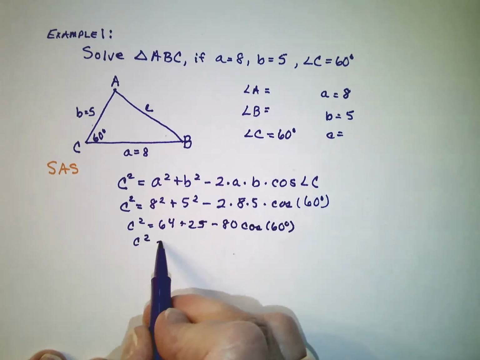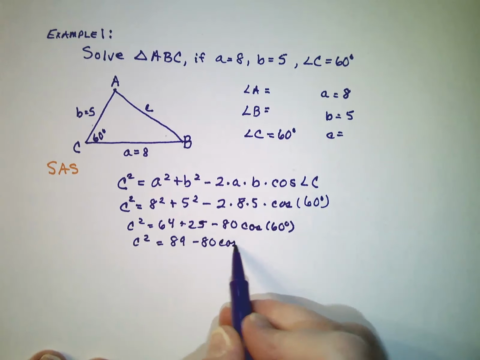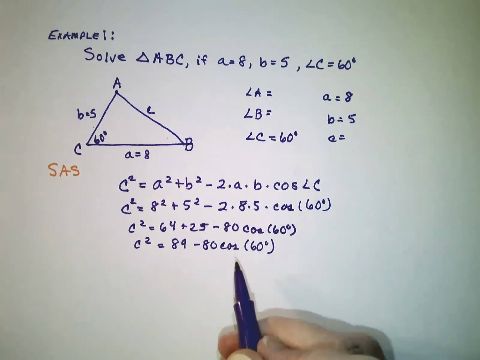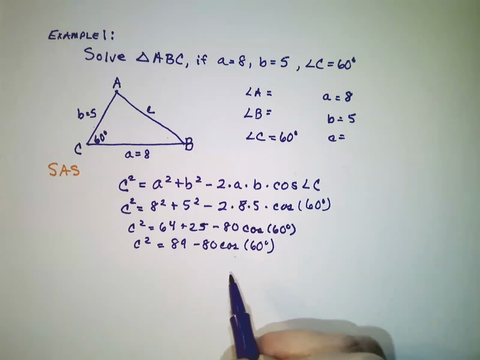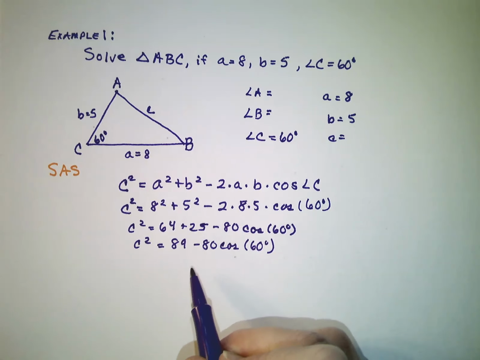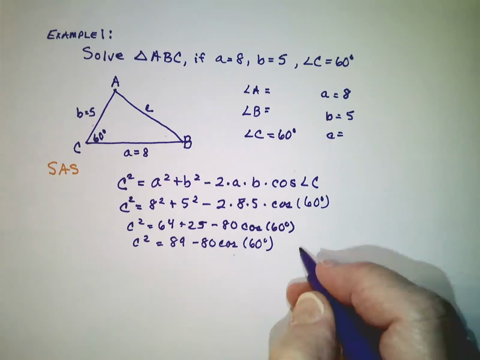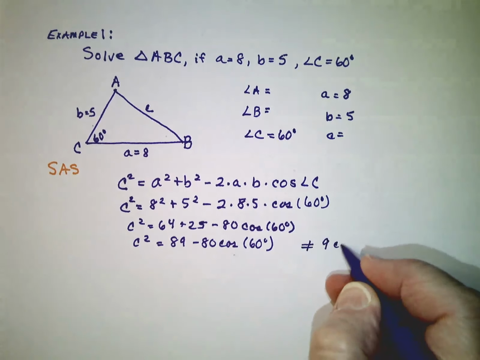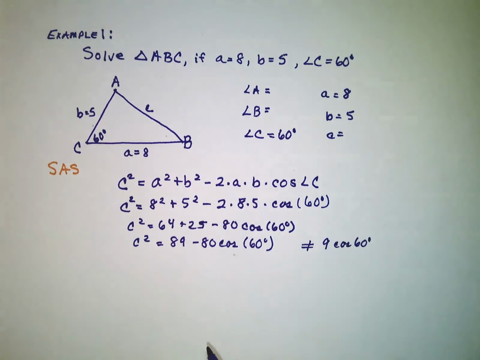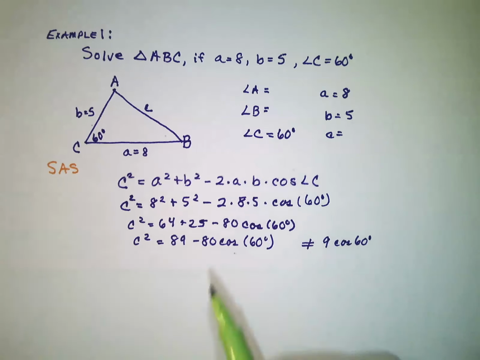So c squared is going to equal 89 minus 80 times the cosine of 60 degrees. And a big temptation, this is the most common mistake people make: your brain sees 89 minus 80 and it wants to write down 9 times the cosine of 60 degrees. This does not equal 9 times the cosine of 60 degrees, because this is all one big term here.